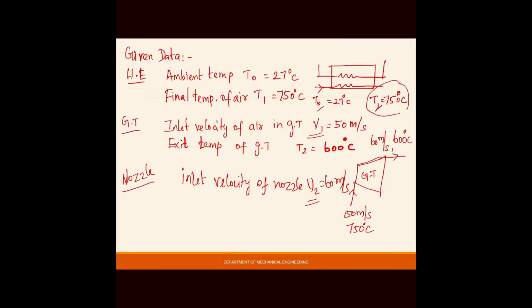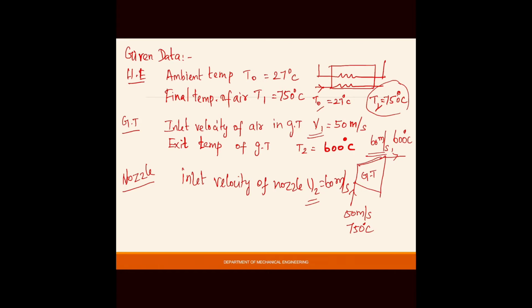We know the gas turbine exit has 60 meters per second velocity. The same velocity enters the nozzle, so the same velocity, 60 meters per second, is here.